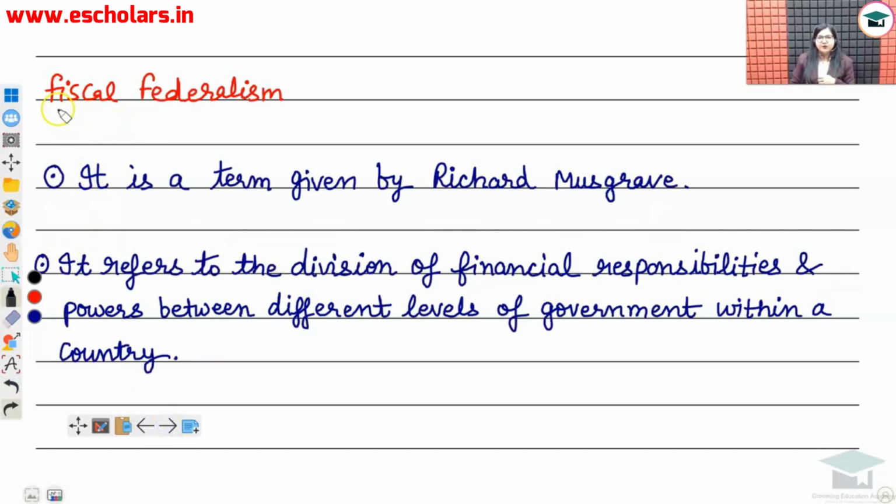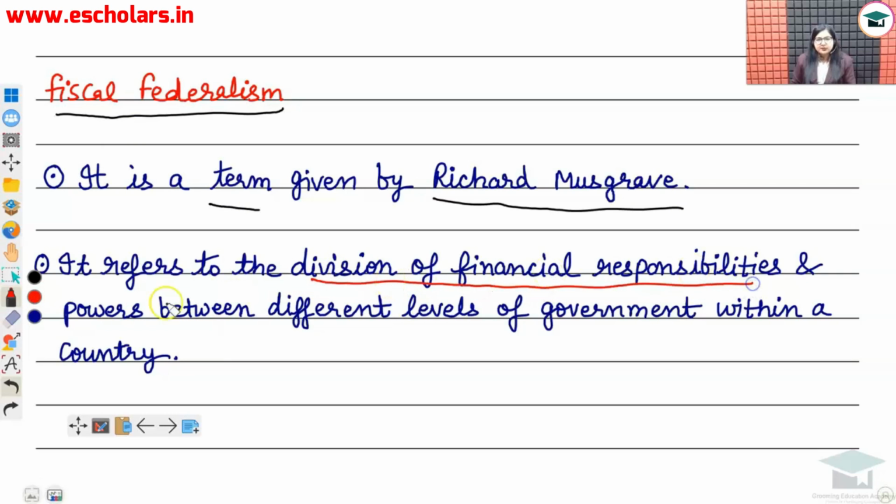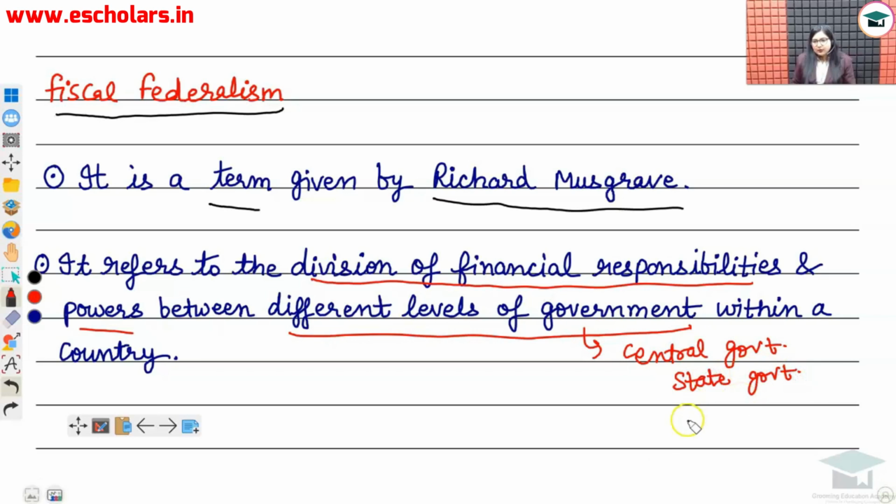See students, we will first talk about fiscal federalism. Okay, now what is this? This is a term which was given by Richard Musgrave. Okay, this basically relates to the division of financial responsibilities and powers between different levels of government, that is the central government, state government and local government.